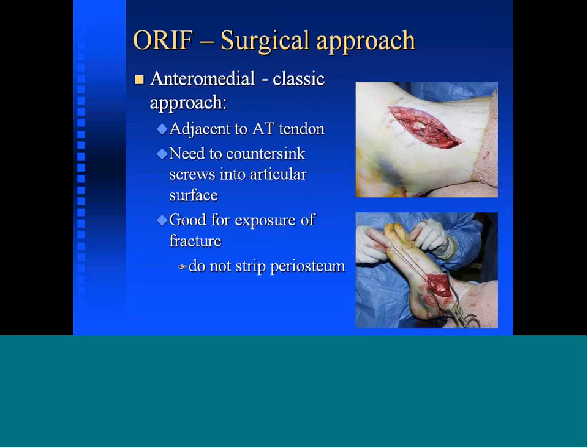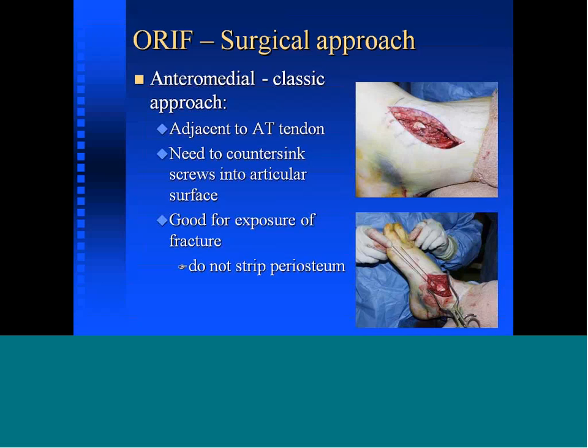And then you can place your temporary fixation either in the form of temporary K-wires or the guide wires for a cannulated screw system. It is important as you place the screws from this anteromedial approach to countersink them into the articular surface of the talar head.